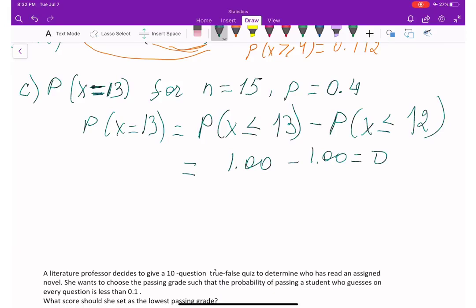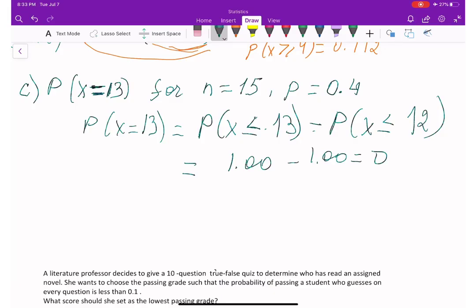Then what are we going to do? To find x equal to 13, we are taking x less than or equal to 13 minus x less than or equal to 12. That will give you 13 in the middle.